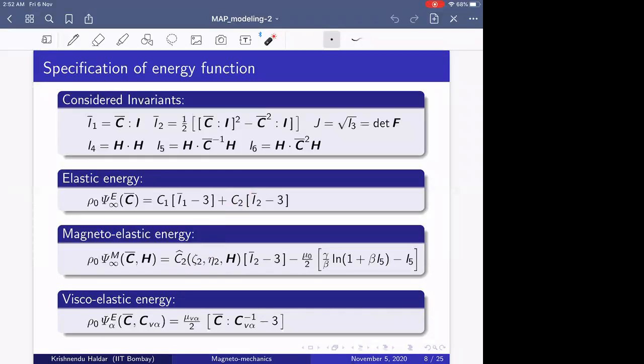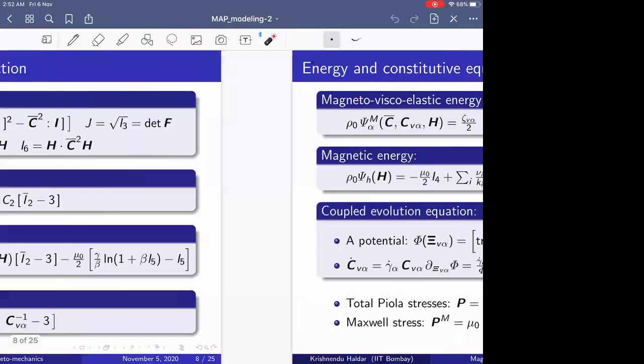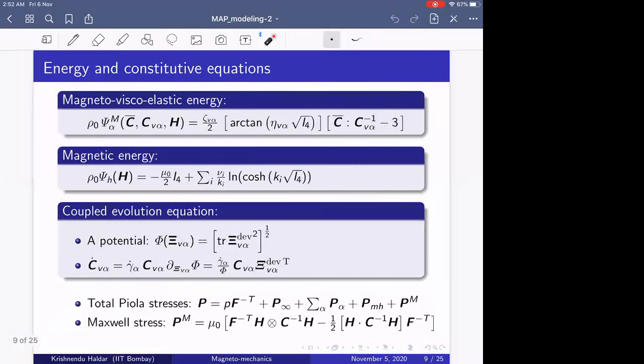And for viscoelastic energy, this is just a neo-Hookean type simple form. For magneto-viscoelastic energy, we are again playing with this coefficient, which is constant for normal viscoelasticity, and we are just making that coefficient field dependent.